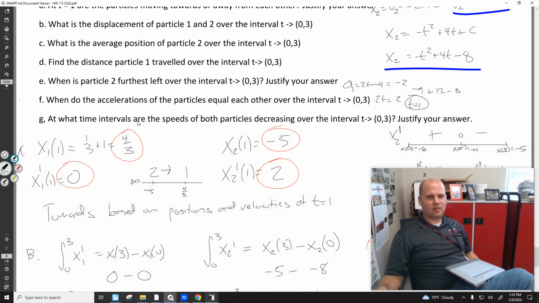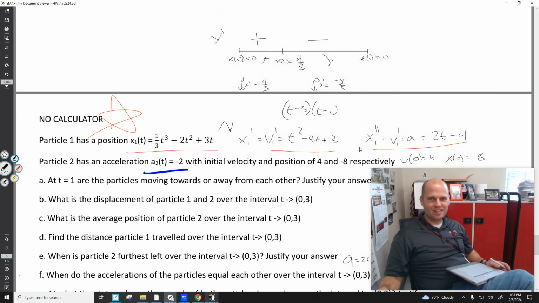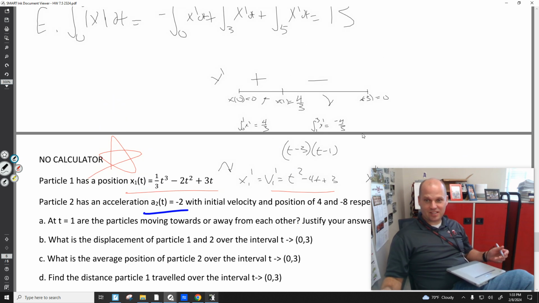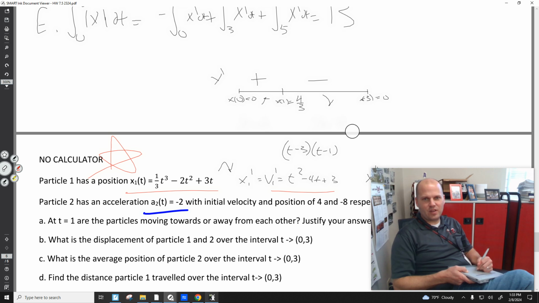At what time intervals are the speeds of both particles decreasing? Wow. Thanks, Mr. Master. All right, well, we got to do a sign analysis of V and A on top of each other. We already have V sign analysis for particle 1 and V sign analysis for particle 2. We just need A sign analysis, the second derivative sign analysis for 1 and 2.